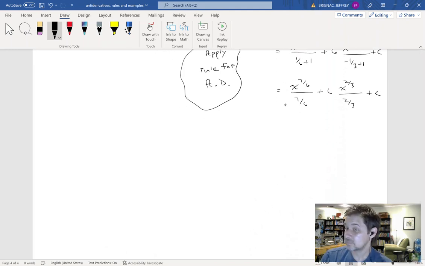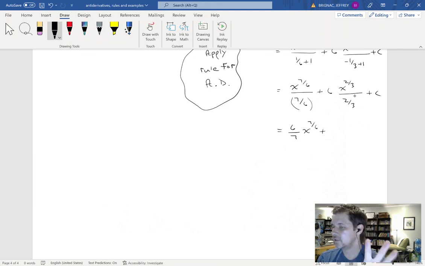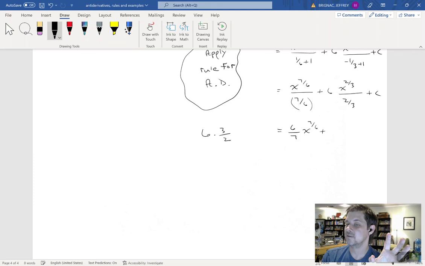And then from there, let's see, we've talked about this before. What does it mean to divide by a fraction? In particular, what does it mean to divide by 7 over 6? We'll multiply by the reciprocal. 6 over 7, x to the 7 over 6 power. Over here, same thing. I'm multiplying by 6 already, and then I'll be multiplying by the reciprocal of 2 over 3, so that'd be times 3 over 2.